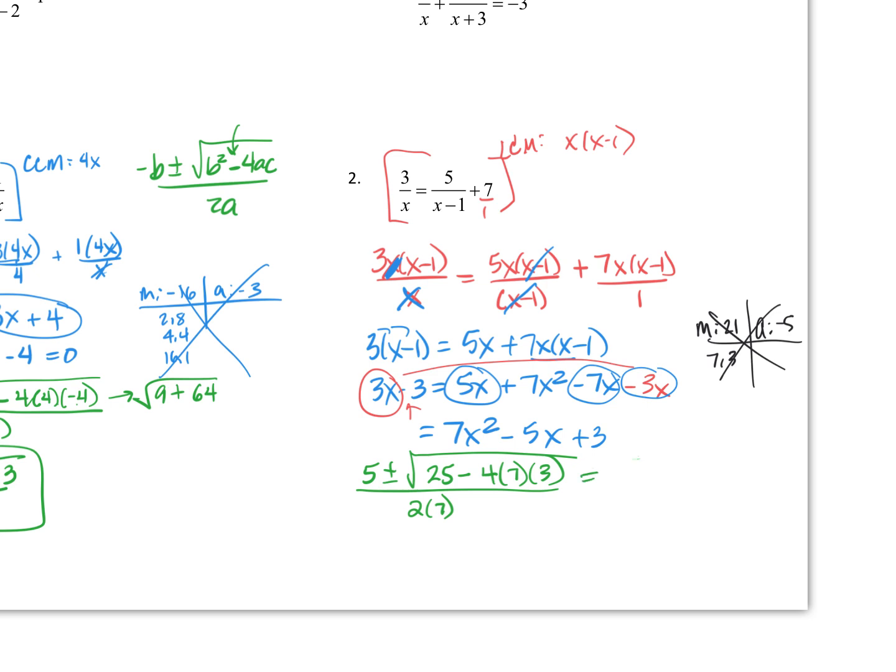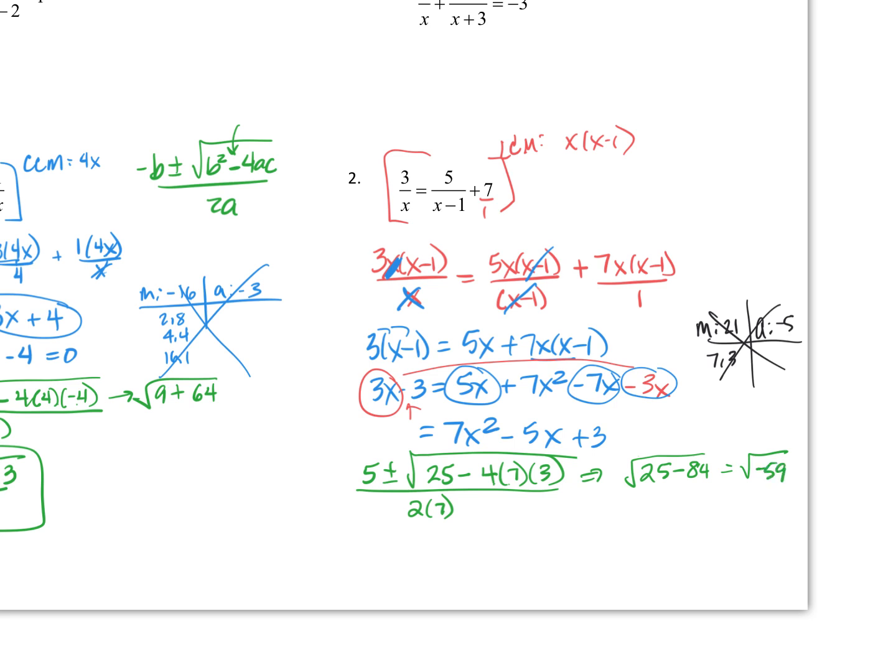All right, let's figure out what's going on under the radical here. We've got 25 minus 12 times 7 is 84. 25 minus 84. Well, but what's 25 minus 84? Oh. Negative 59. That's what I was going for.